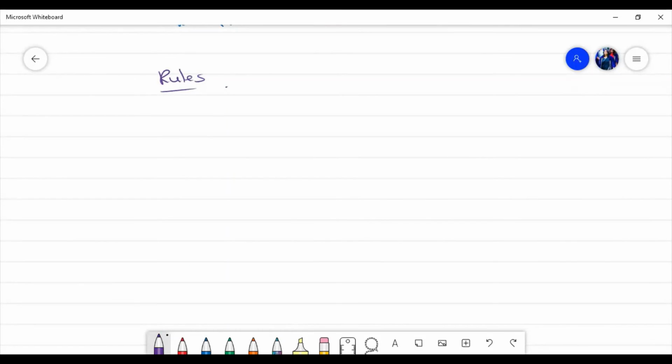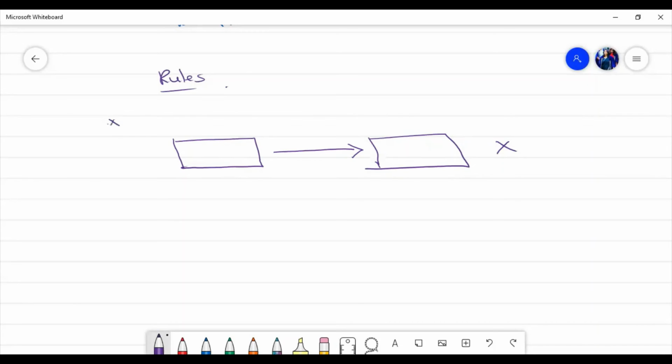If we have external entities, say external entity 1 and external entity 2, we cannot have any data flows in between the external entities. This is wrong. No data flows between two external entities.